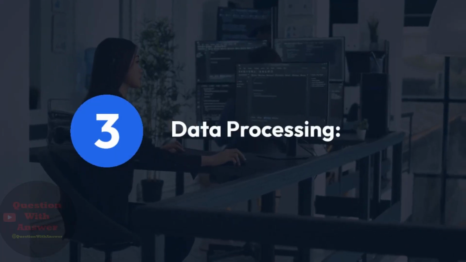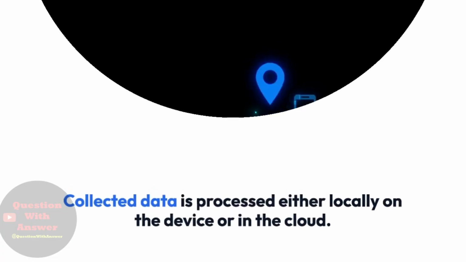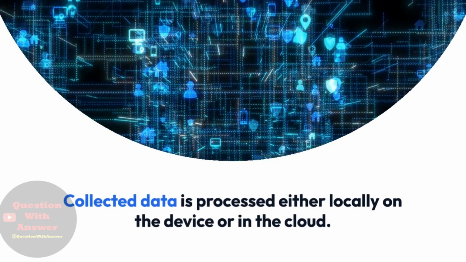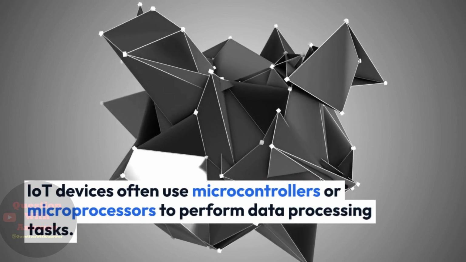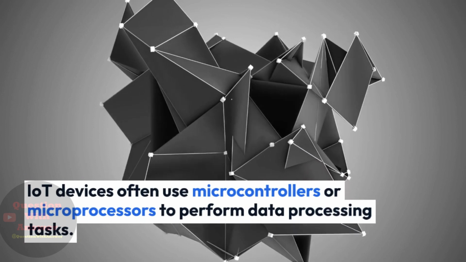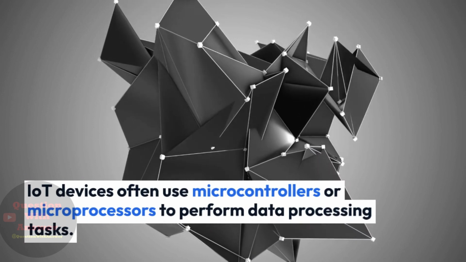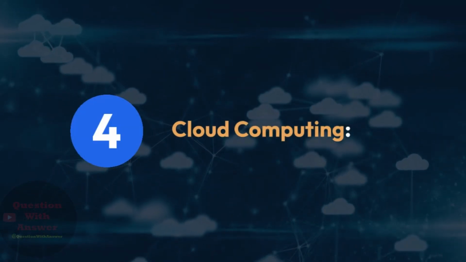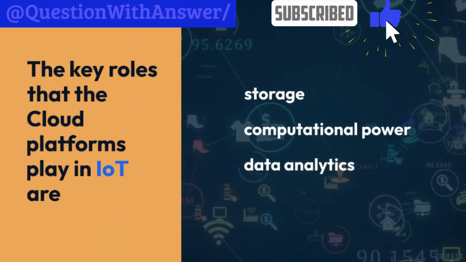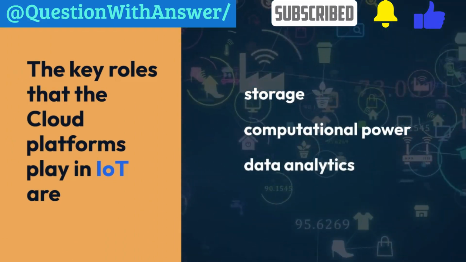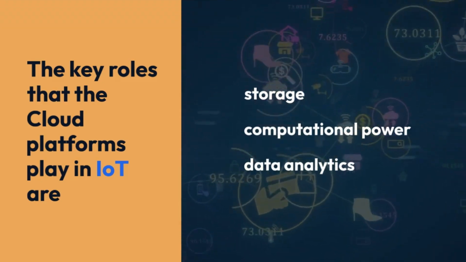3. Data processing. Collected data is processed either locally on the device or in the cloud. IoT devices often use microcontrollers or microprocessors to perform data processing tasks. 4. Cloud computing. Cloud platforms play a crucial role in IoT by providing storage, computational power, and data analytics capabilities.